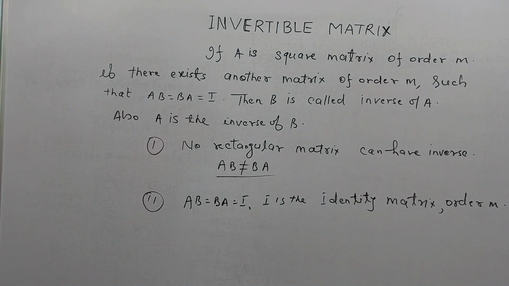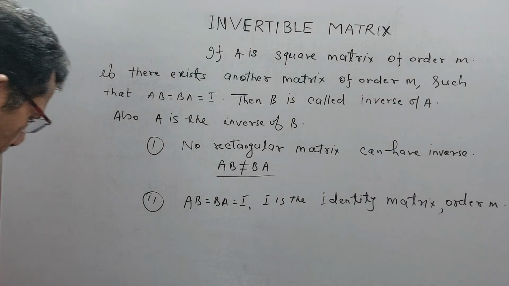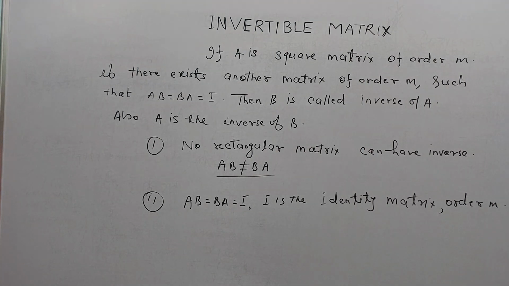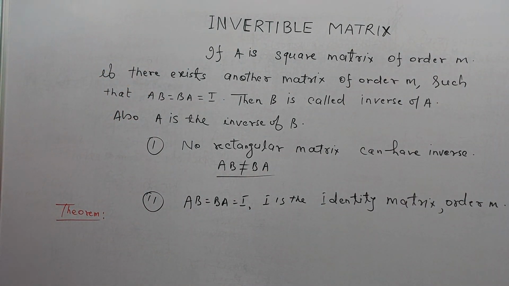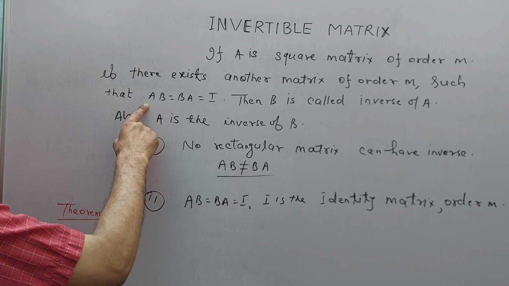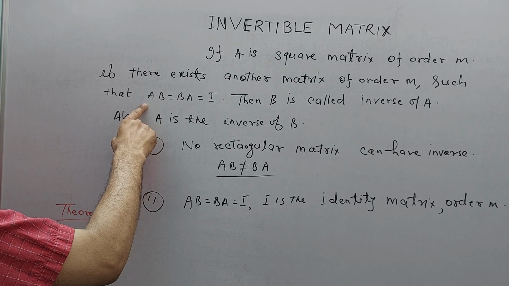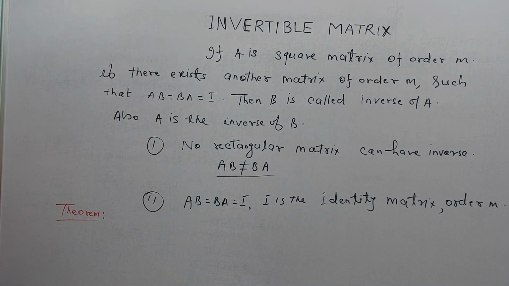Now let us do some problems, but before that we have some important theorems here. First theorem: inverse of a matrix will be unique. So there will be no two inverses of matrix A. We can say that there is only a single one. Uniqueness of the inverse means there would be only one inverse of any matrix.